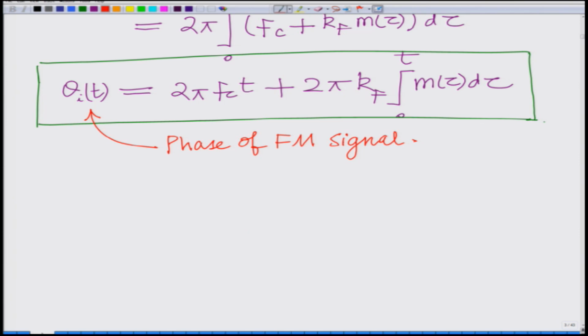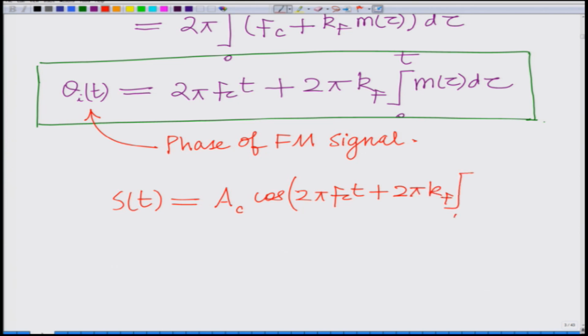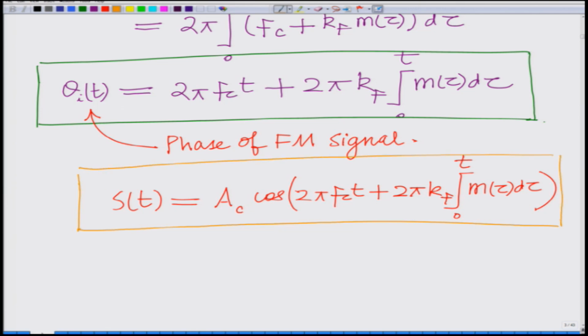Therefore, the modulated carrier S(t) is basically A_c cosine of 2 pi f_c t plus 2 pi k_f integral 0 to t of m(tau) d tau. This is your frequency modulated signal, the expression for the FM.